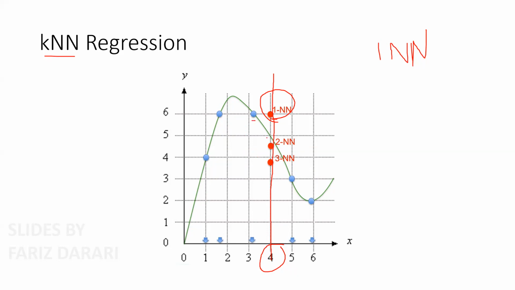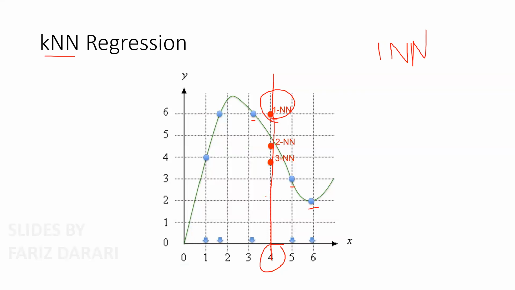So this and this and this. So the point now is, pun not intended, that we want to check again the nearest neighbors. The nearest neighbor to 4.